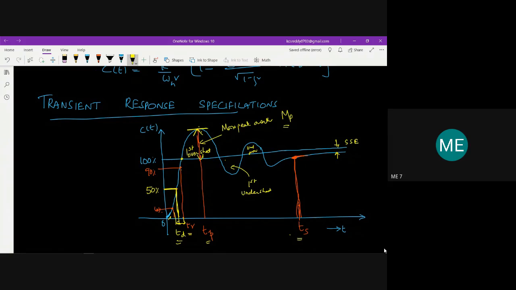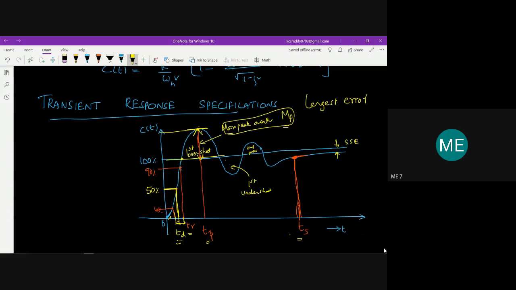Now, this is called the peak overshoot, which I have told is MP. Peak overshoot is the largest error. See, this is the actual value which you need to get, but I have got this value at this particular point of time TP. So this is the largest error in the system.